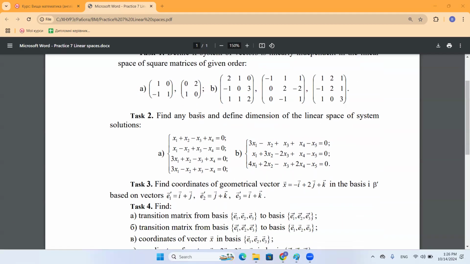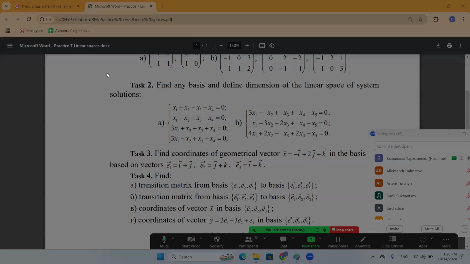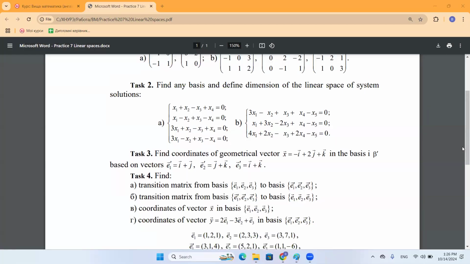So we need to find any basis and define the dimension of the linear space of system solutions. And who remembers how to find any basis for solutions?